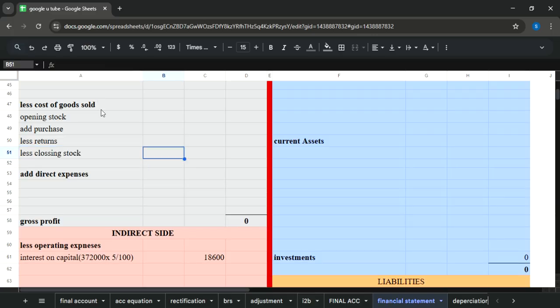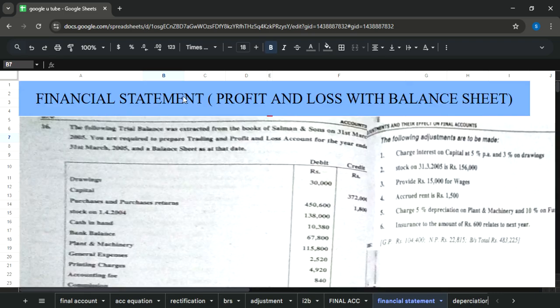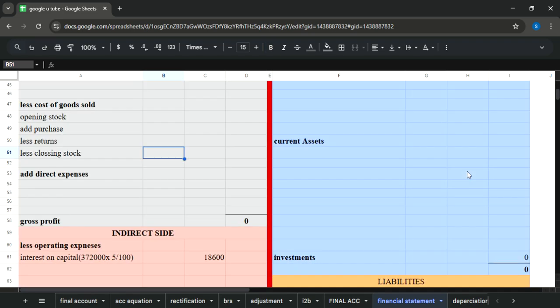Here you will write the first effect of closing stock. The amount was 156,000, and you will write the amount. The first effect is completed. Now you will go to the balance sheet current asset side, and write closing stock as well. The amount was 156,000. Two effects completed. Two adjustments are completed.